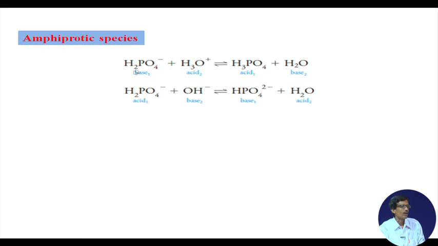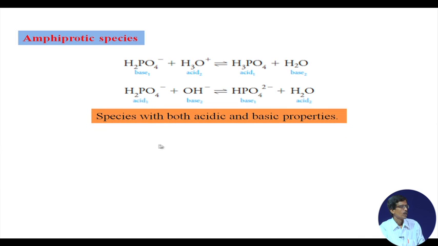So, this cannot function as a base. So, H2PO4 minus will function as an acid because you have something where you can remove the proton, because the nature of the species H2PO4 minus is telling you that you can remove further some amount of this H plus which is directly attached to this O. So, this OH bond is there and we are able to dissociate that, giving rise to HPO4 2 minus and water back.